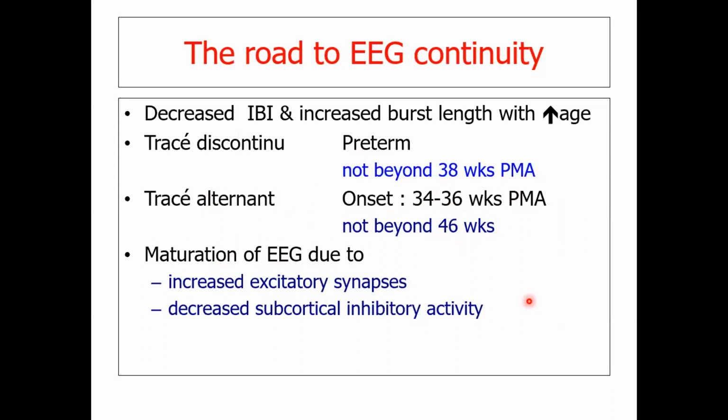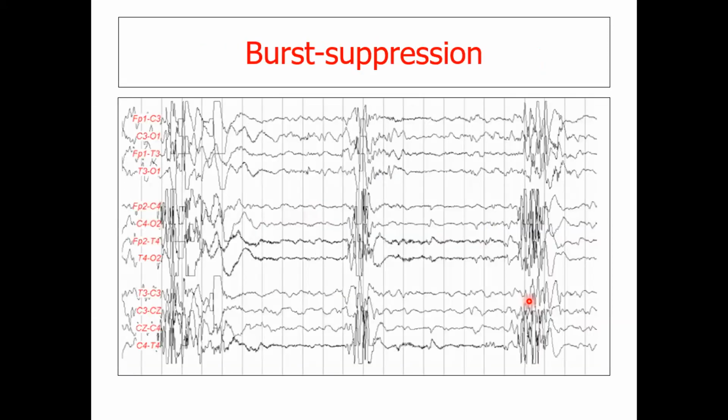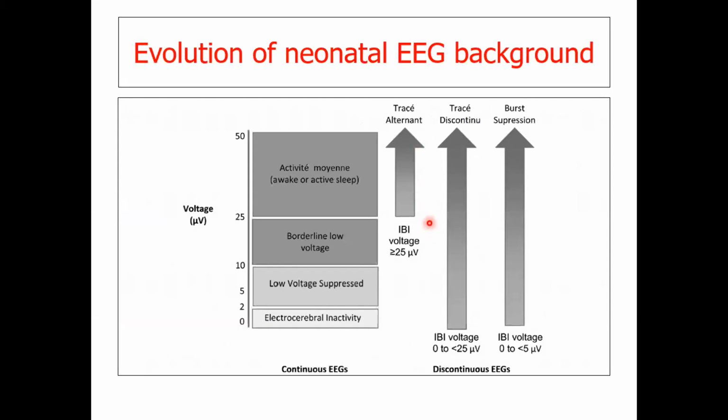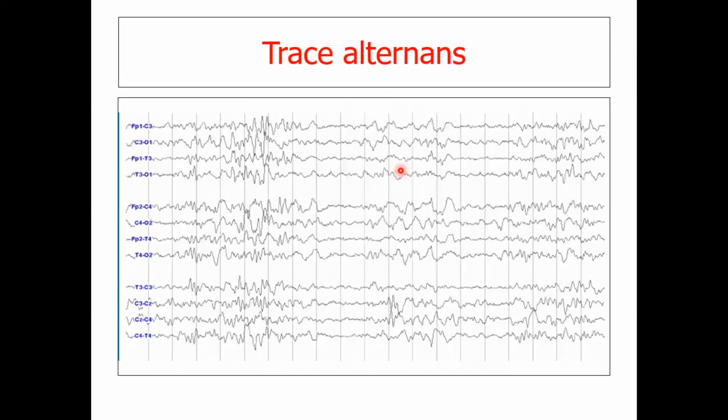So as had been told already, the EEG in a newborn is very dynamic. Burst suppression is an abnormal EEG at whatever age it is. Here, this part, which is the interburst interval, has voltage less than 5 microvolts. In trace discontinue, it is less than 25, and in trace alternance, it is higher, more than 25 but less than 50 microvolts.